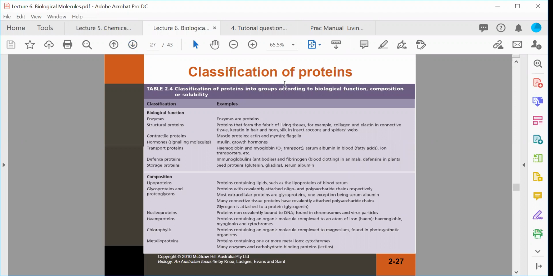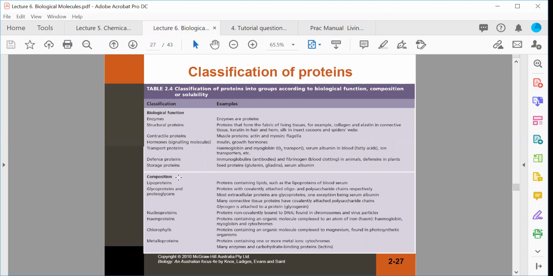Proteins are classified in different ways. They can be classified according to their biological function, according to their composition, or according to solubility. We've got lots of examples here, and we'll look at some of them. You don't need to remember these. Classification according to biological function, they can be classified as enzymes, structural proteins, contractile proteins, and so on.